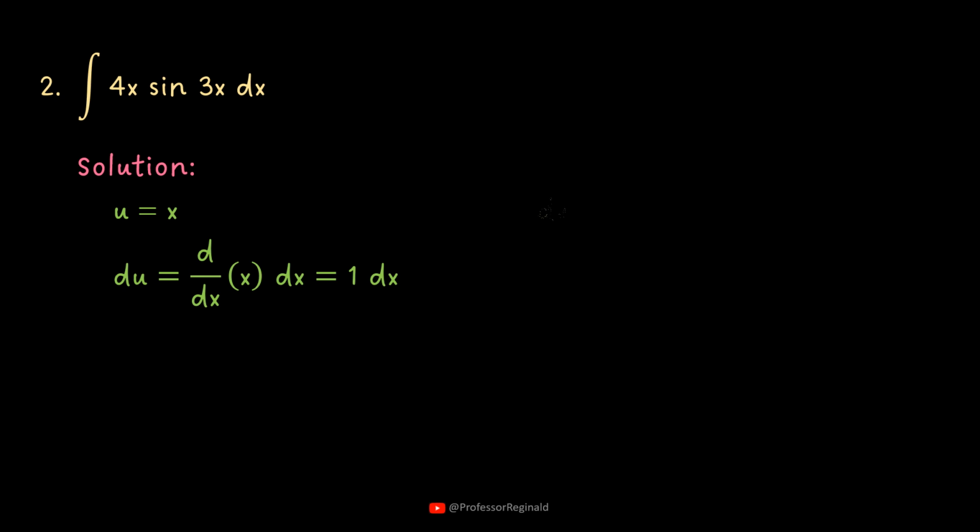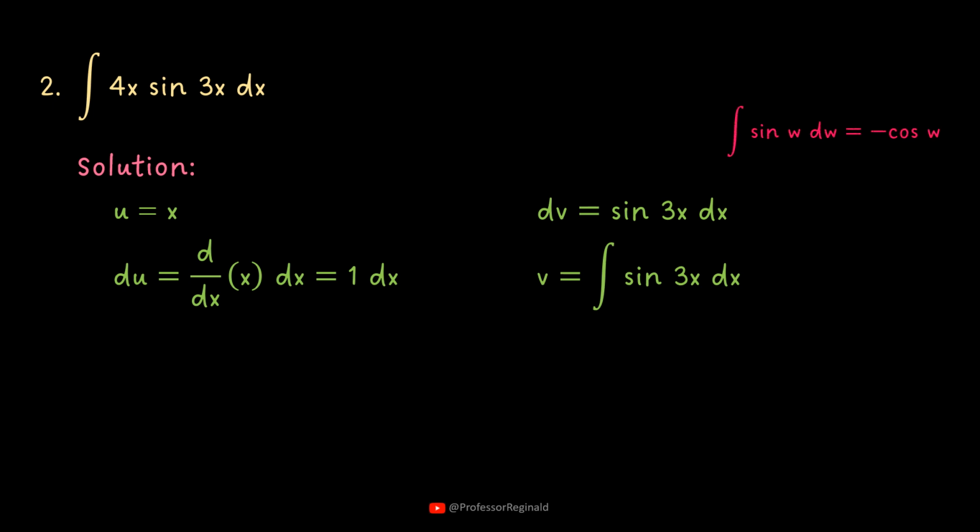Meanwhile, let dv equals the sine of 3x dx. Get v by integrating using a trigonometric function rule with substitution. Where w equals 3x, v equals the negative of 1 over 3 times the cosine of 3x.